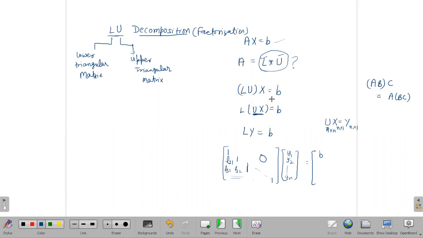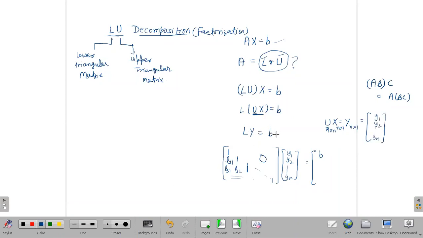I have not yet discussed how to find L and U, but suppose you have found L and U, then that first step is over, and you come to the next step. Put A equal to L into U, so LU into X is equal to B. Then you can write L into UX is equal to B. And here, if I denote UX with Y, that is again unknown, the vector Y1, Y2, up to Yn.